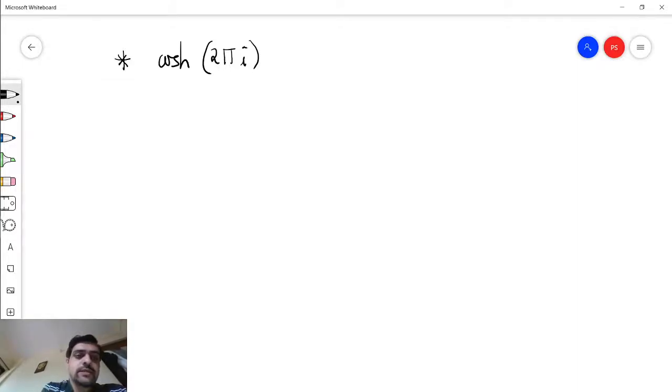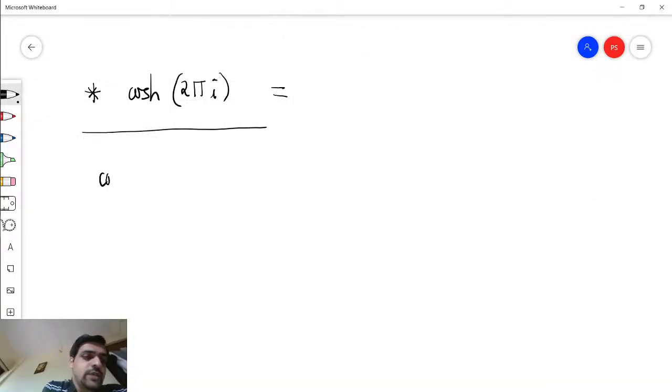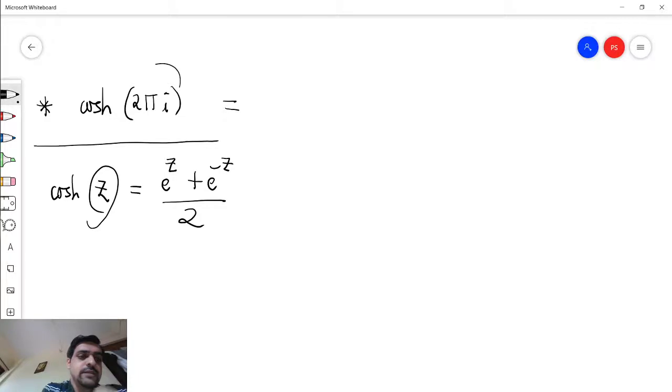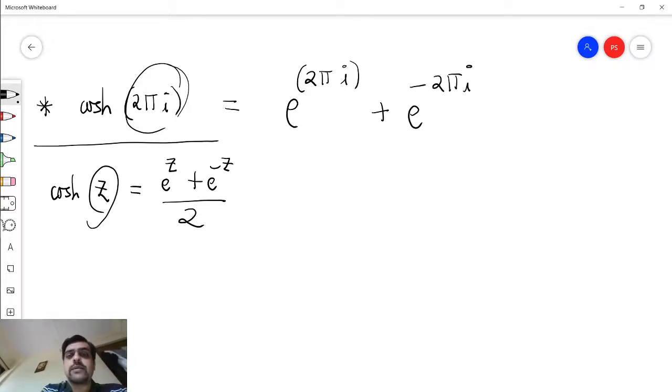Now let us follow through the steps by using the definition of hyperbolic cos z as e raised to z plus e raised to minus z divided by 2. Fine. So here z is this 2 pi i. So we will do this as e raised to 2 pi i plus e raised to minus 2 pi i divided by 2.